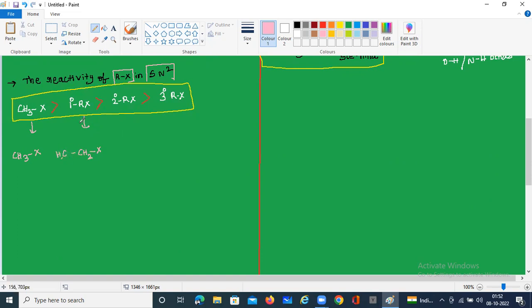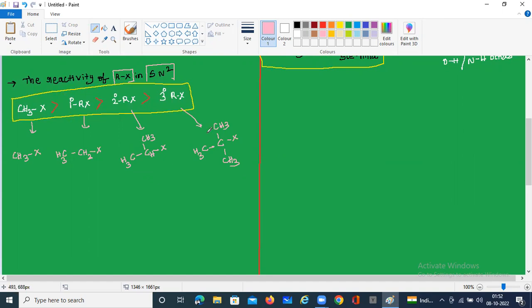This is the primary alkyl halide. Secondary alkyl halide means the halogen atom is attached to a carbon that is again attached to another two carbons. Okay, like this. This is the secondary. And the tertiary alkyl halide means the halogen atom is attached to a carbon that is attached to another three carbons.